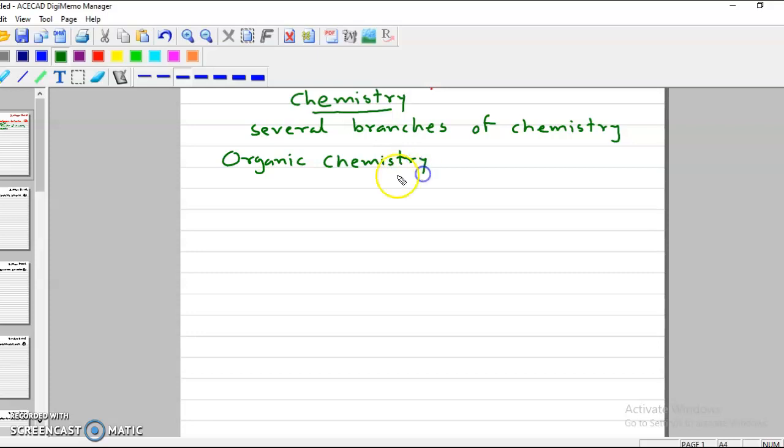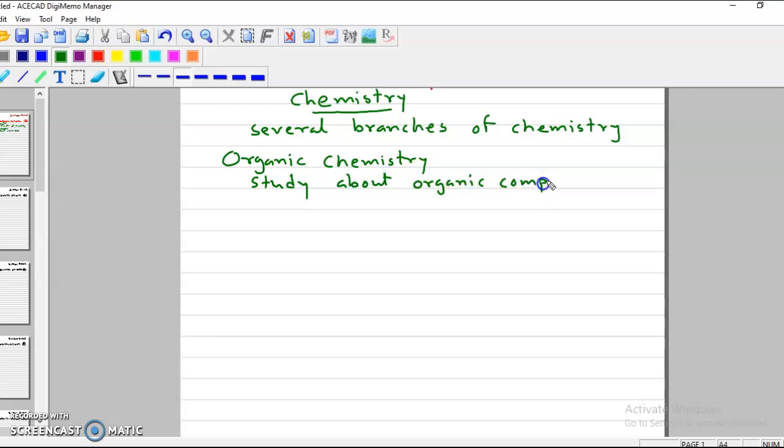Perhaps maximum research and studies are going on in organic chemistry. This is a very fruitful branch in which we study organic compounds.